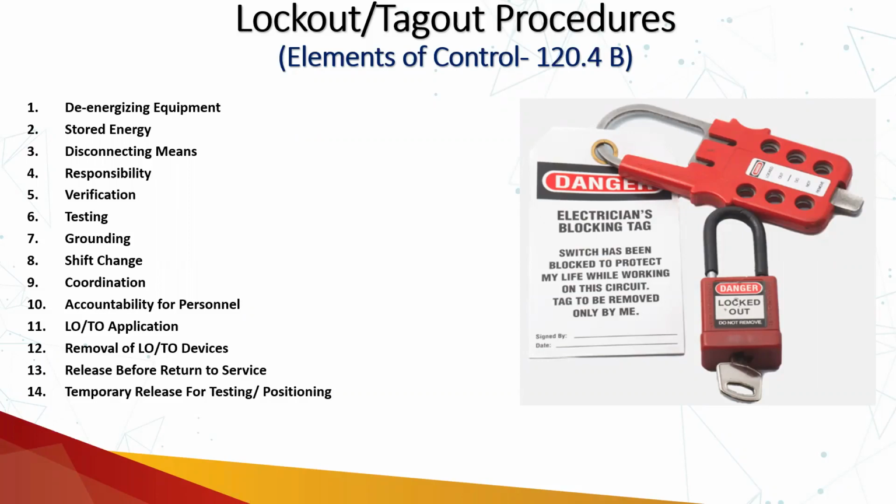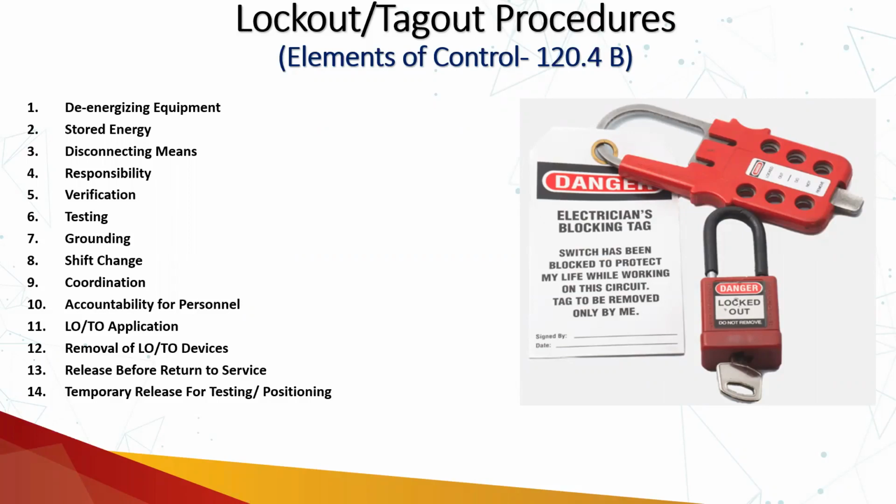First one is about de-energizing equipment. Then about the stored energy, we will see whether the stored electrical and mechanical energy is being released or not. Disconnecting means: what type of disconnecting means can be used for lockout and tagout purposes, who is responsible, how the verification will be performed, testing requirement, grounding requirement.